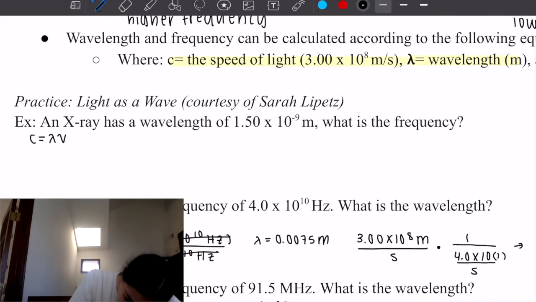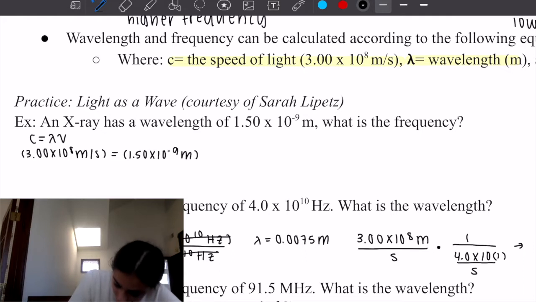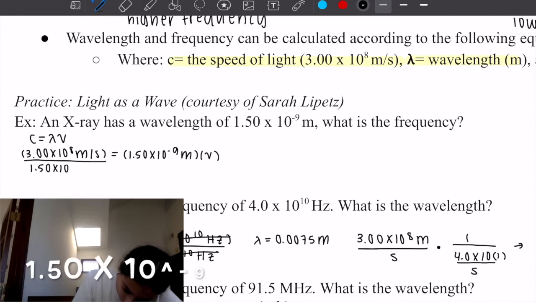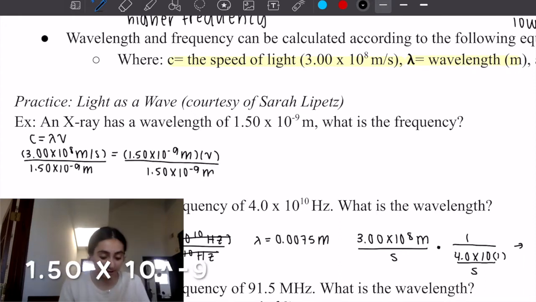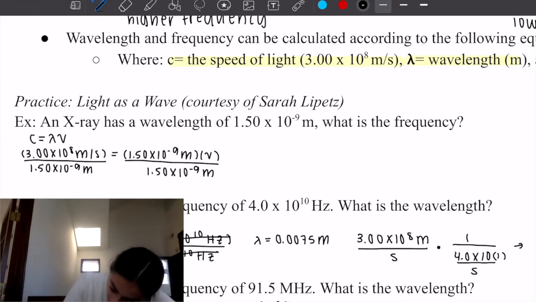So we have 3.00 times 10 to the 8th meters per second for speed of light equals lambda, which is the wavelength, times nu, which is the frequency. Now we are going to divide both sides by 1.50 times 10 to the negative 9th meters and plug that into your calculator. We get that the frequency equals 2.00 times 10 to the 17th hertz.